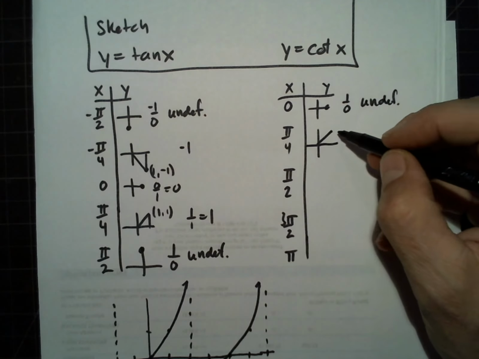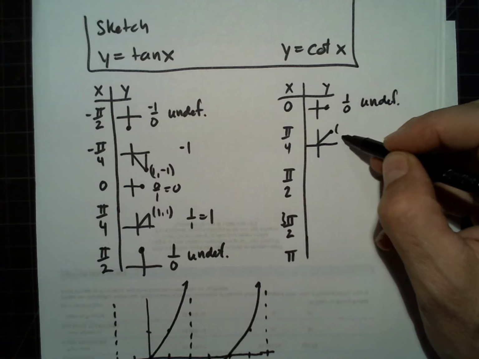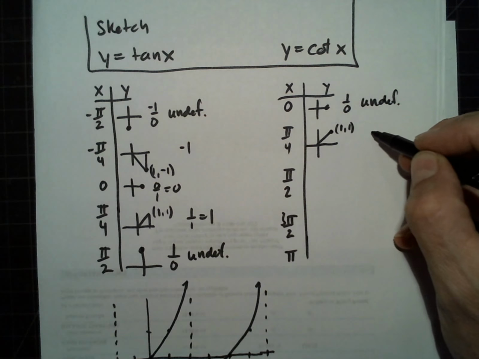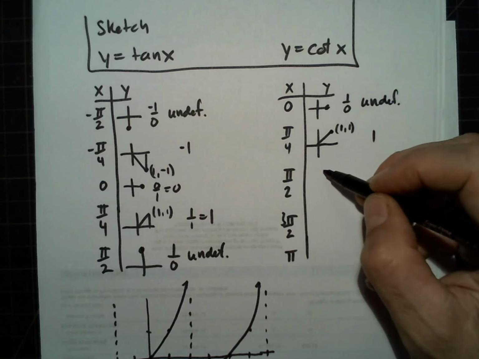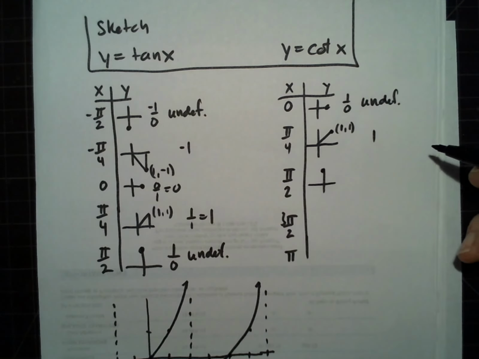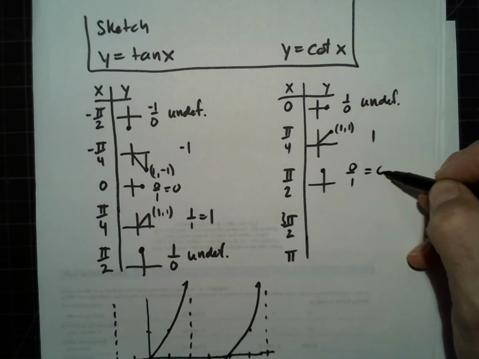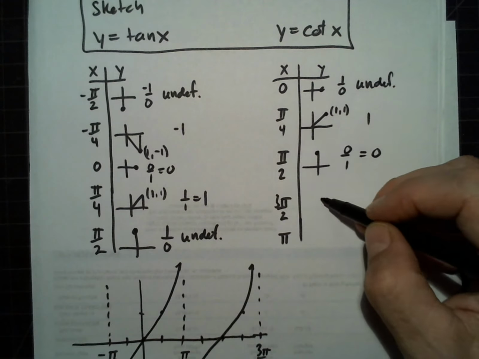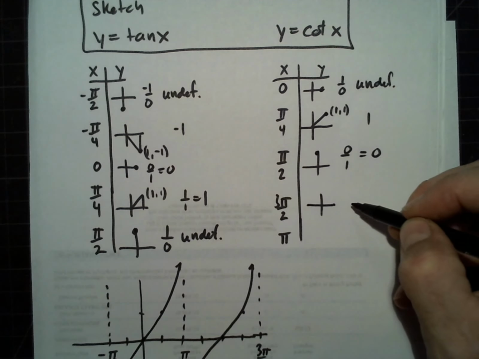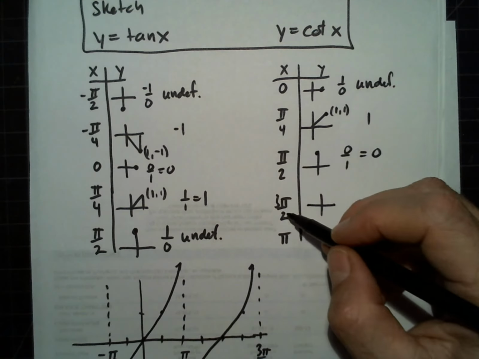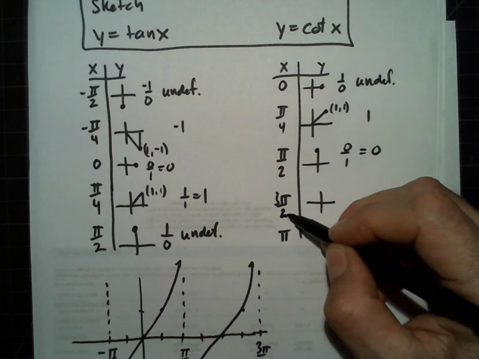Pi over 4, and that will be 1 over 1, so that equals 1. Pi over 2, the x value is 0, y value is 1, and this should be 3 pi over 4.